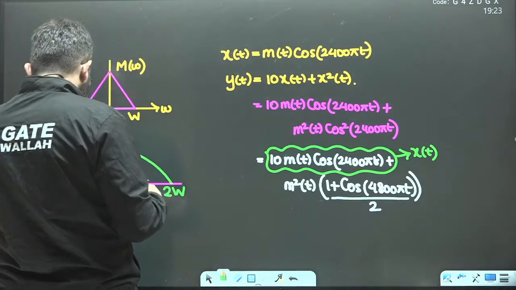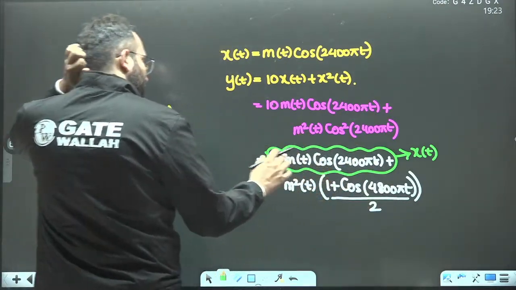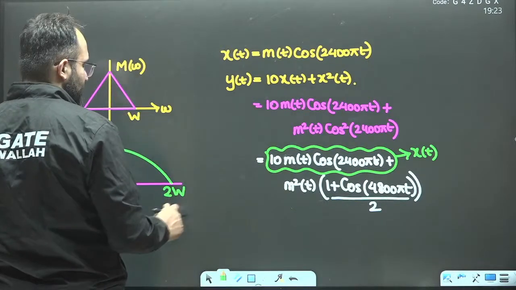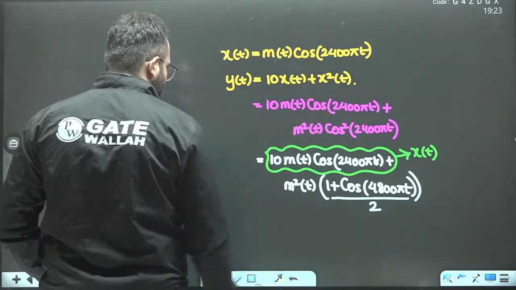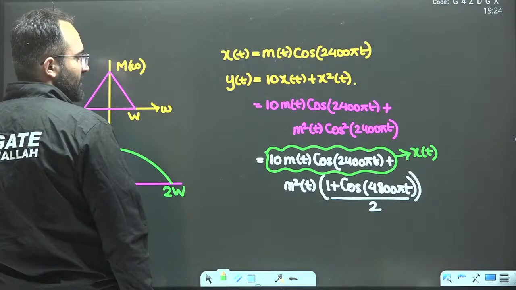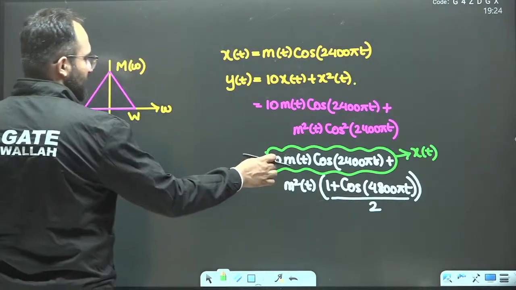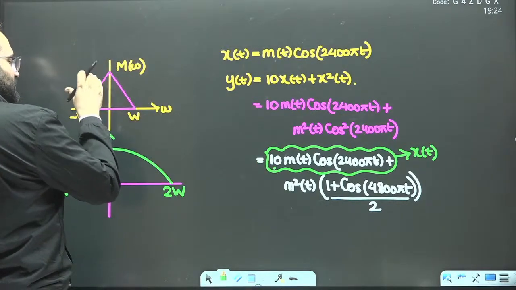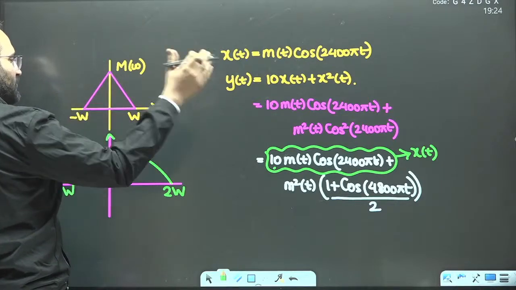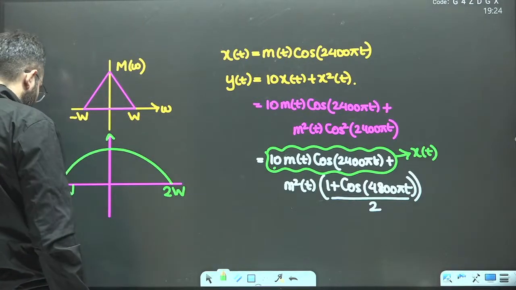Now, if we draw the Fourier transform of the y(t) term, we can see that y(t) has 10 m(t) into cos 2400 pi t. So this term has M(omega) shifted by 1200 right and 1200 left.